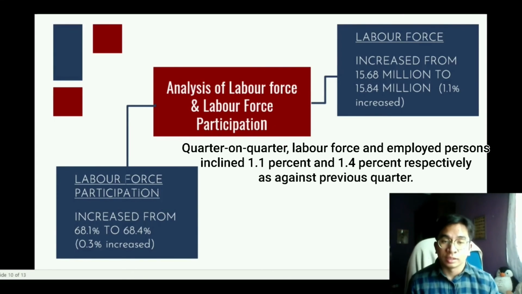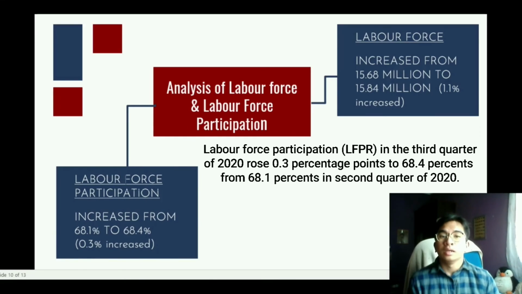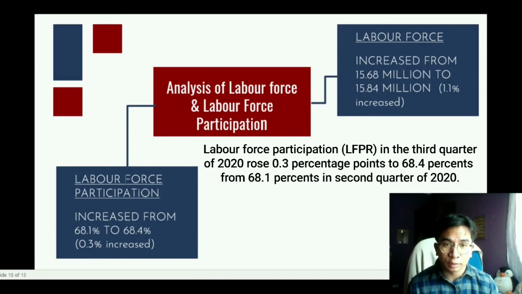Quarter on quarter, labor force and employed persons inclined 1.1% and 1.4% respectively as against the previous quarter. Labor force participation rate or LFPR in the third quarter of 2020 rose 0.3 percentage points to 68.4% from 68.1% in the second quarter of 2020.